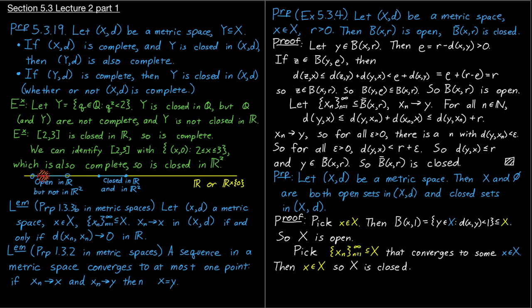And then the empty set is open because its complement is closed. You can also prove the empty set is closed because X is open, and vice versa. It is also possible to prove directly that the empty set is closed and open.